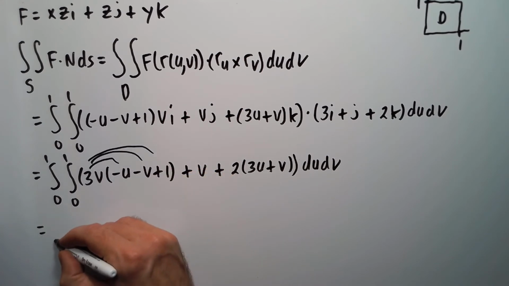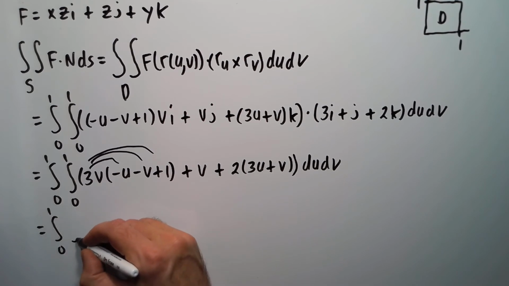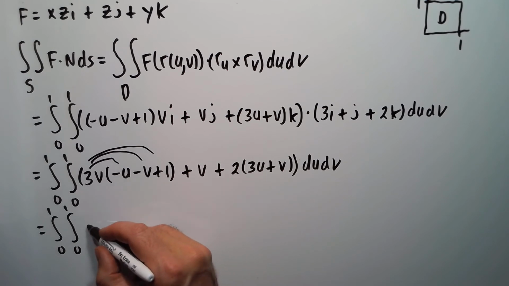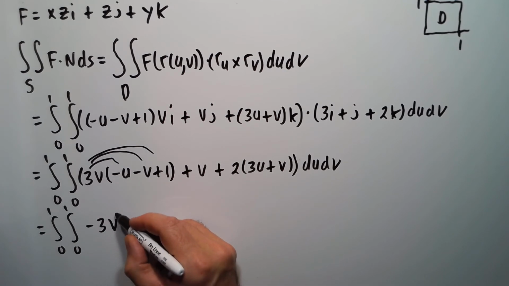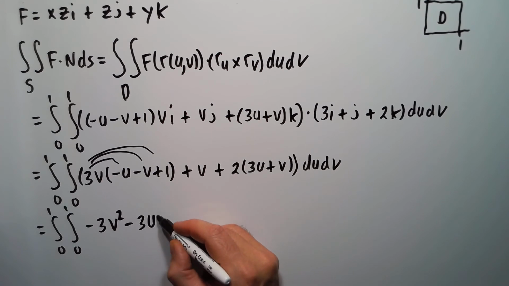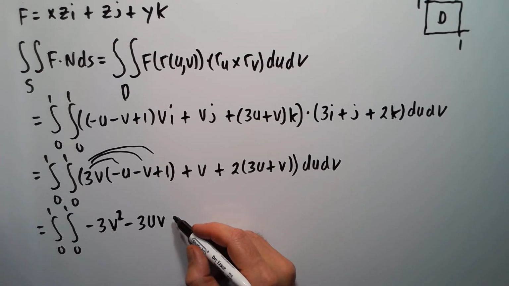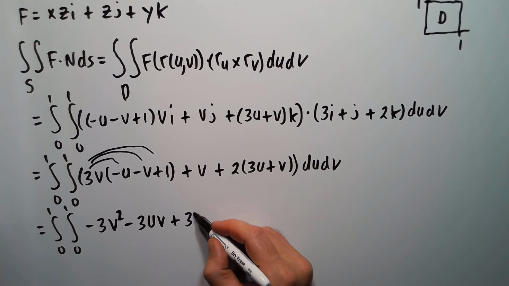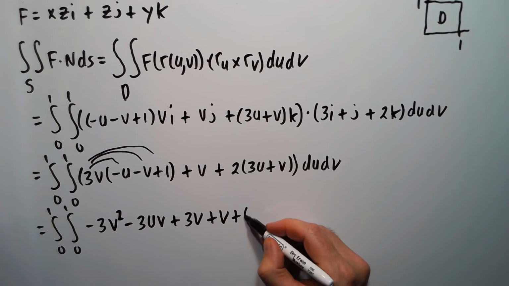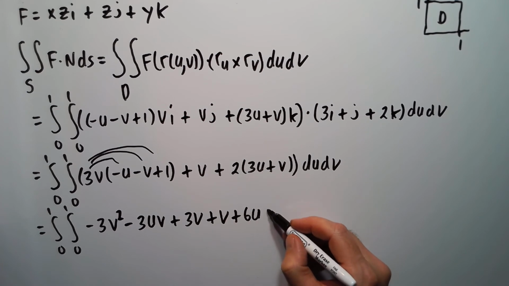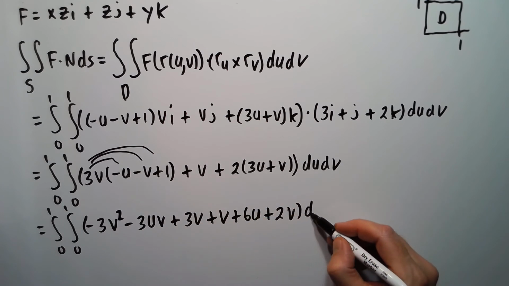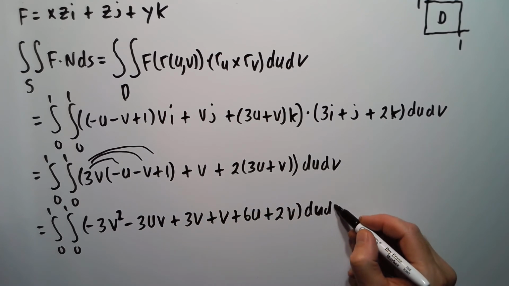we get 0 to 1, 0 to 1, so it'll be minus 3v squared, minus 3uv, plus 3v plus v, multiply this in, plus 6u plus 2v, du dv.